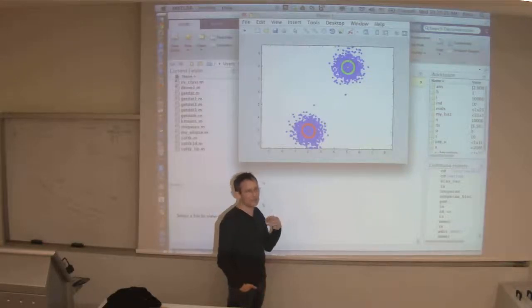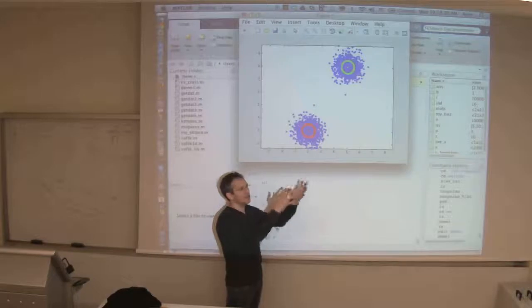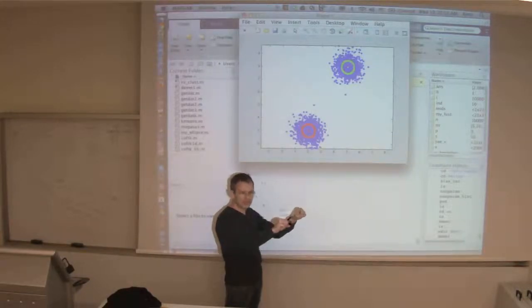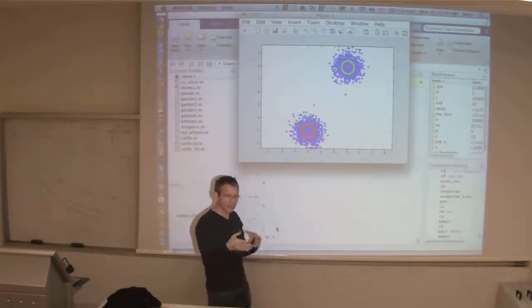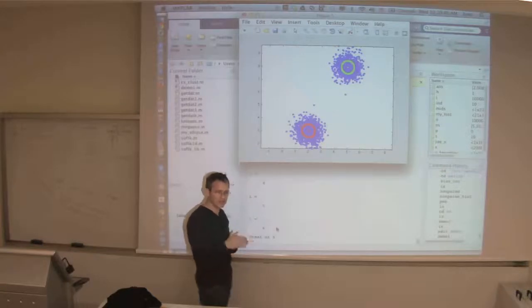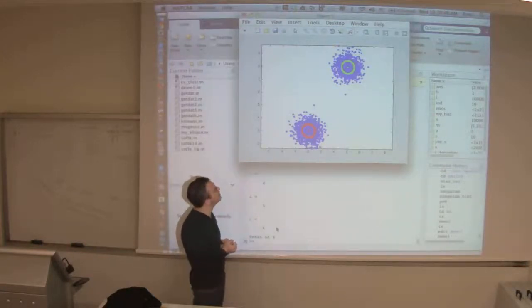You would like to say that if the true distribution is a mixture of two Gaussians, I want to choose 2. So intuitively, what you want is to fit it with the minimum number of clusters that gives you the best fit for the true distribution. And how to do that, we'll discuss in a couple of weeks. So let's not worry about that for now.